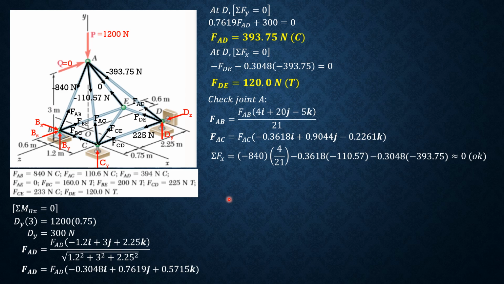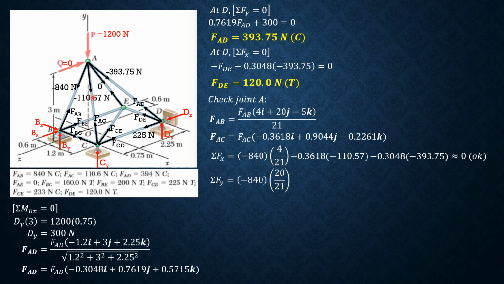Summation forces Y. So take note that we represent AB to be from B to A upward, but this time AB is downward. So let's consider downward as positive. So negative 840 times 20 over 21. So 1,200 must be treated positive.